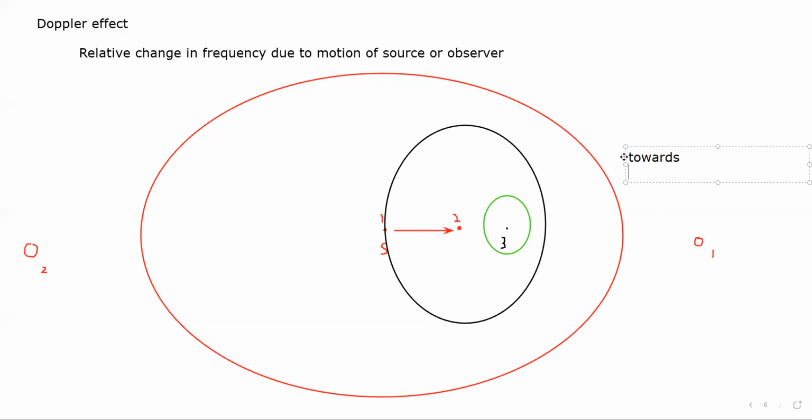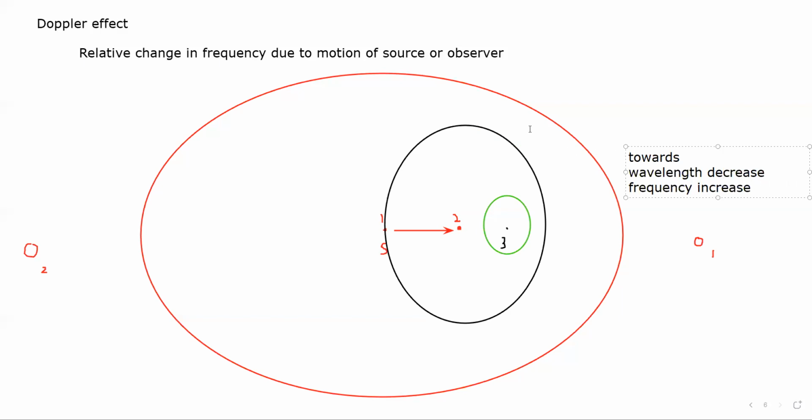He will observe that the wavelength he is receiving is decreased, and he is receiving more vibrations per second, so the frequency will increase.